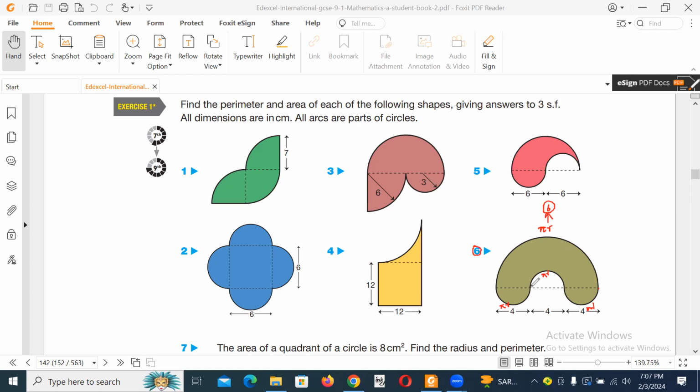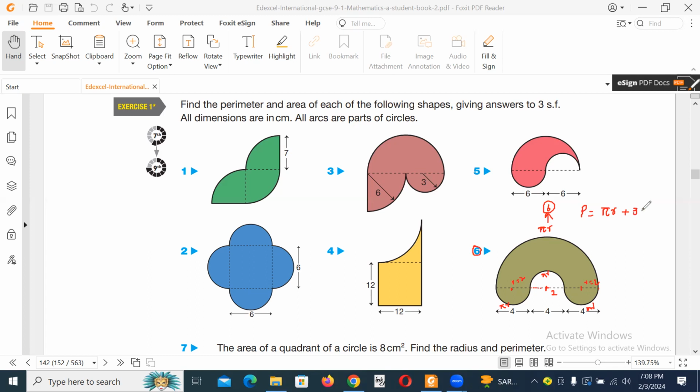In the middle, the full length is 4, so half is 2, meaning r equals 2, and same here, r is also 2, and in this case r is also 2. So when we find the perimeter, we say pi r for this one, and the rest, 3 pi r, have the same radius 2, 2, 2.